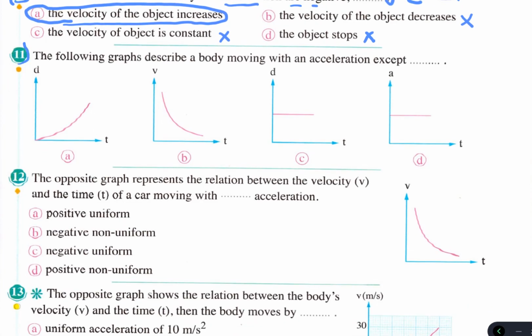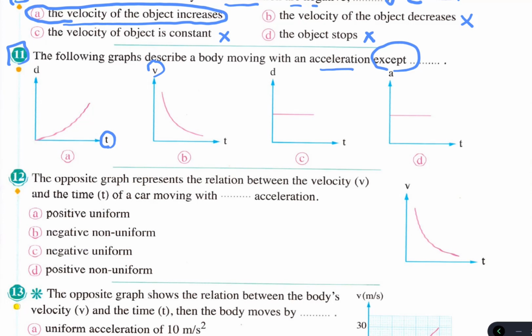Number 11: The following graphs describe a body moving with an acceleration except one. Here distance changes with time, and from the graph we notice that the acceleration is non-uniform positive. There is acceleration because the displacement changes with time.